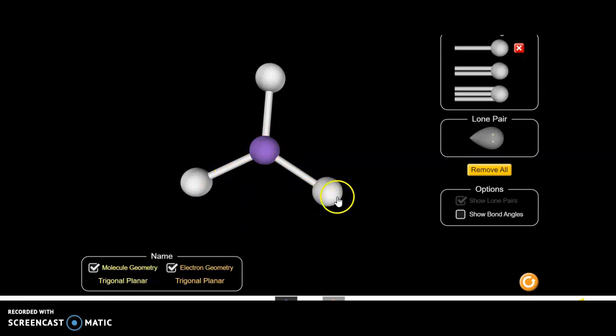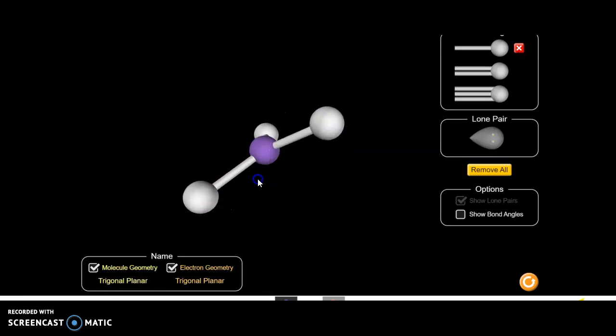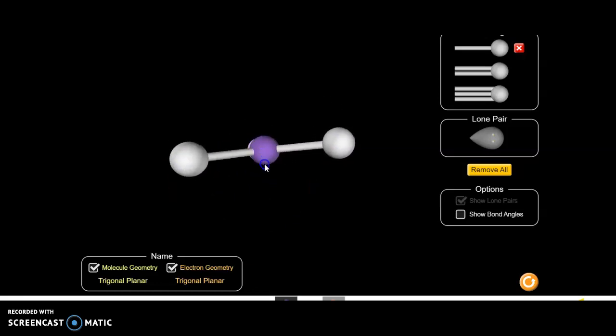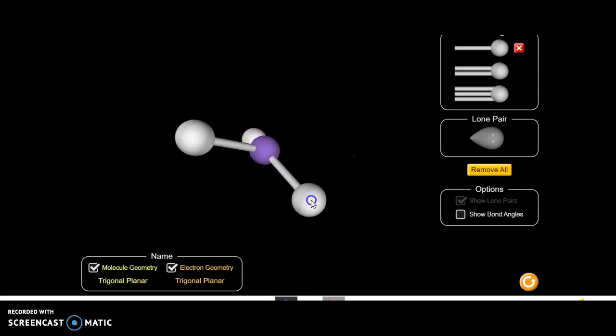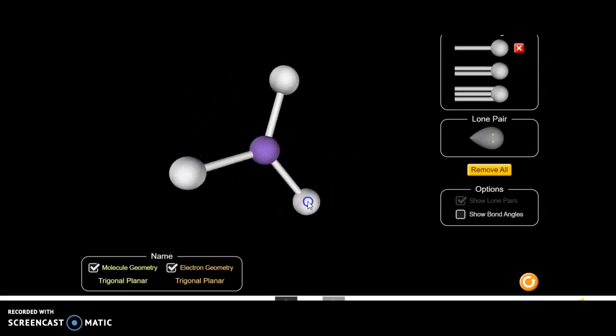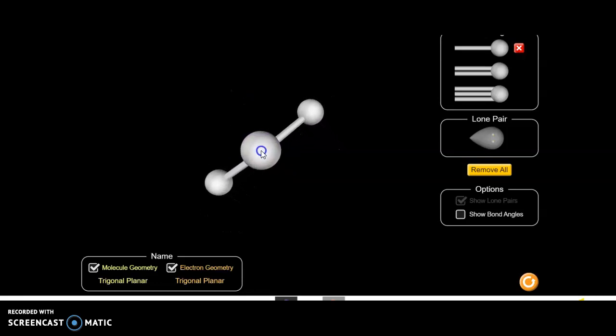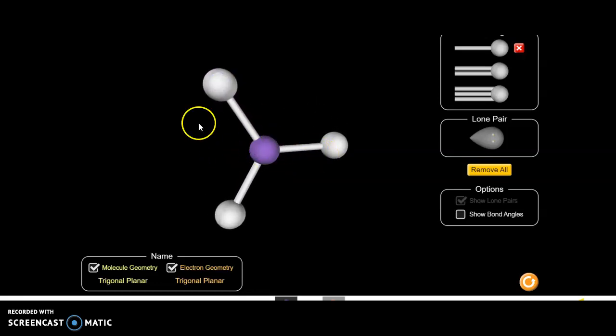So this is called a trigonal planar shape, and by the way, it's called trigonal planar because all of the atoms are in a flat plane with each other. So geometrically you can kind of look at that and see that this is a flat surface. There's a plane that would go through all of these. Now, right now the molecule geometry and the electron geometry match.